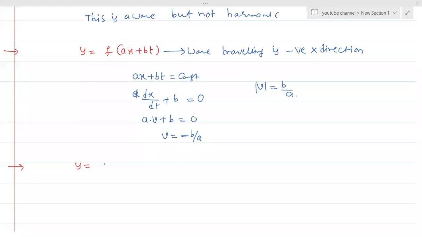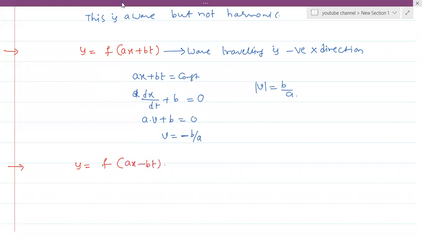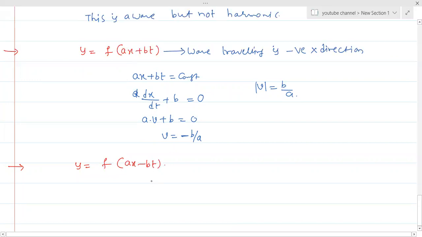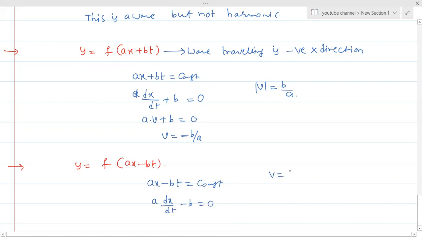Suppose y is a function of ax minus bt, let us say. For a given value of x and t, it is a constant. By taking differentiation, we get a into dx by dt minus b equivalent to 0. Automatically v equivalent to plus b by a.